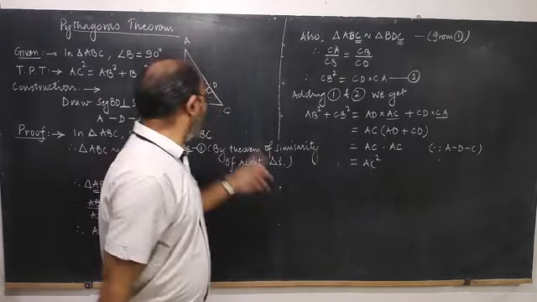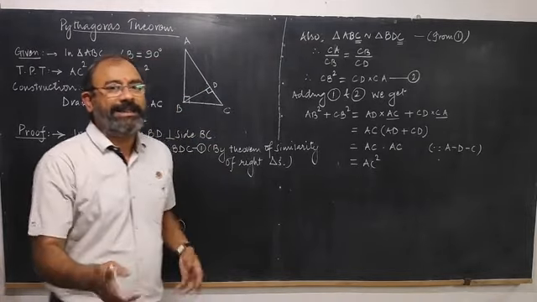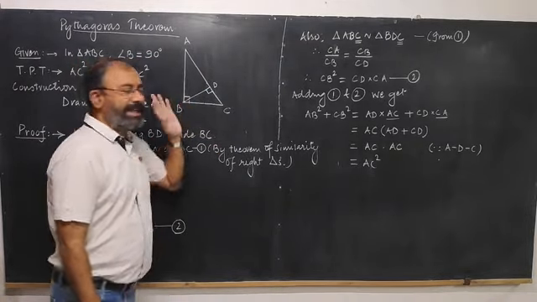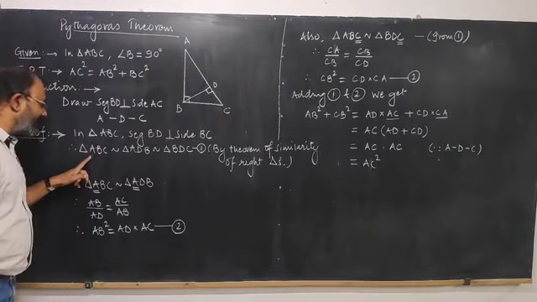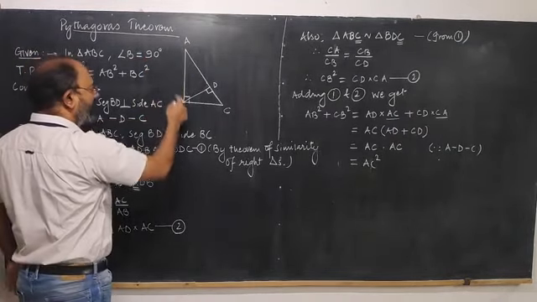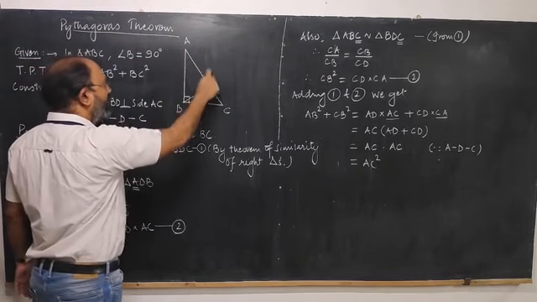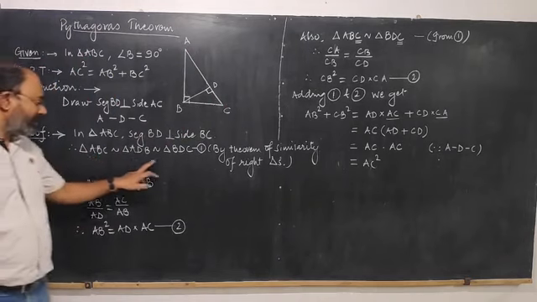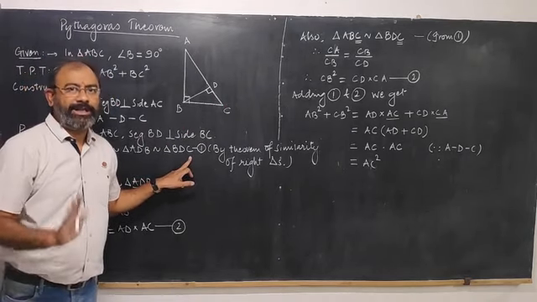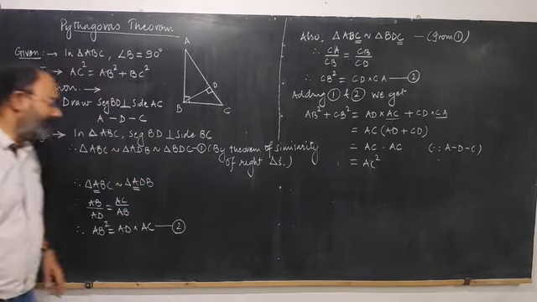One requirement is that this is perpendicular, and the second is that this angle is the right angle. So we can apply the theorem, and according to that theorem we get that triangle ABC is similar to ADB is similar to BDC. So these three triangles are similar. We have already discussed the proof of this theorem.